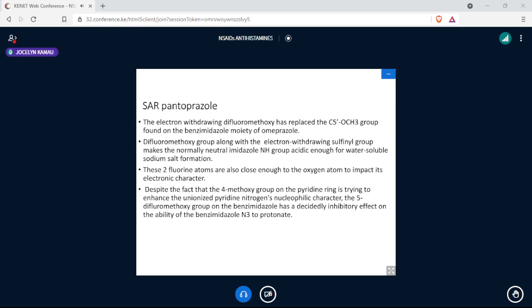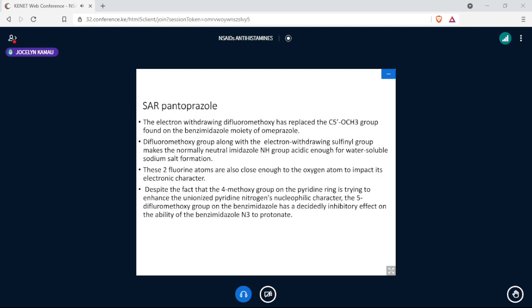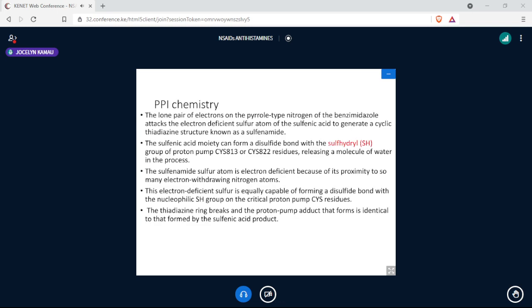So that is lansoprazole. Then we have pantoprazole. If you look at pantoprazole, I think it is one of the drugs that has, on the benzimidazole ring, a difluoromethoxy group. Let us look at that drug because it is of quite a lot of interest. Pantoprazole.